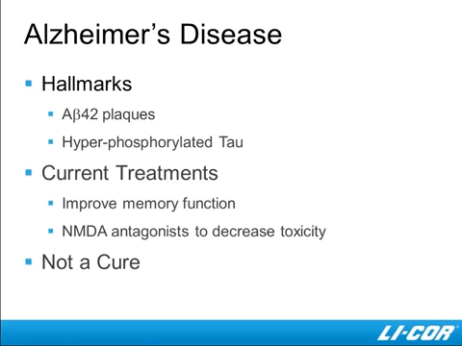Current treatments for this disease are mainly targeted at improving the memory function. And because we have this plaque formation and hyperphosphorylation of tau, there's a lot of neural toxicity, so patients are given NMDA antagonists to try to decrease this toxicity. Now, both these treatments don't get after the hallmarks of the disease. So they're not a cure. They're mainly trying to improve quality of life.